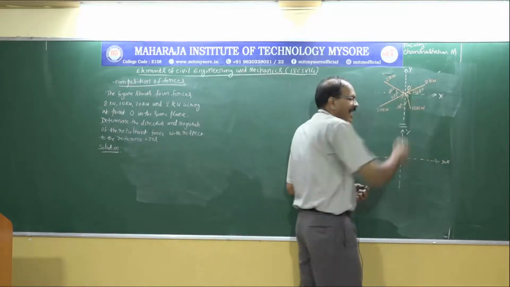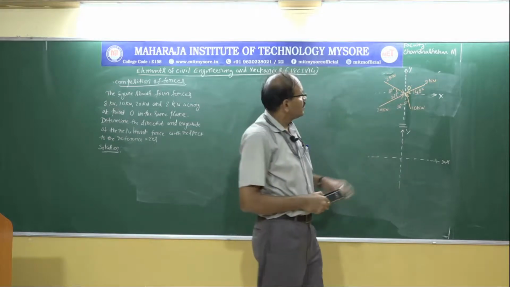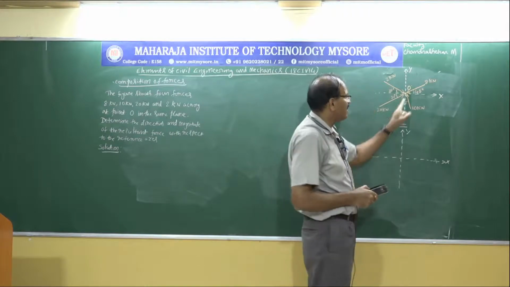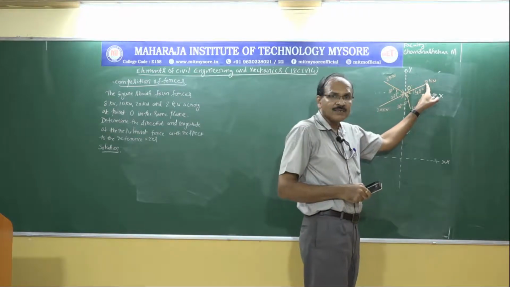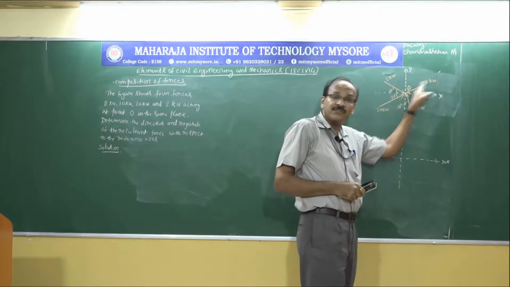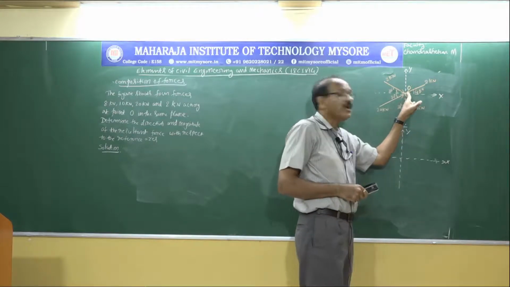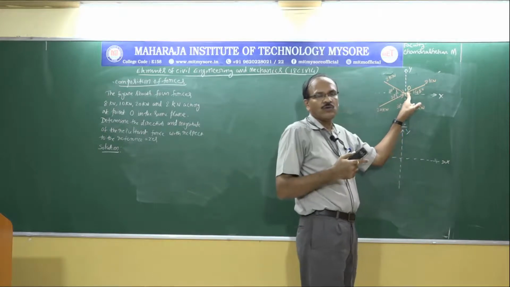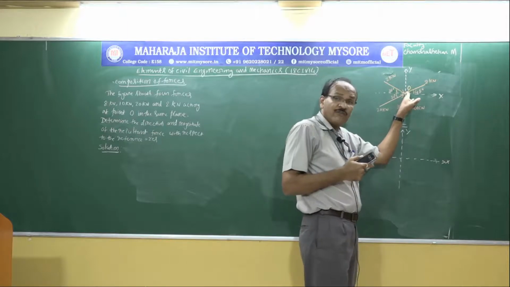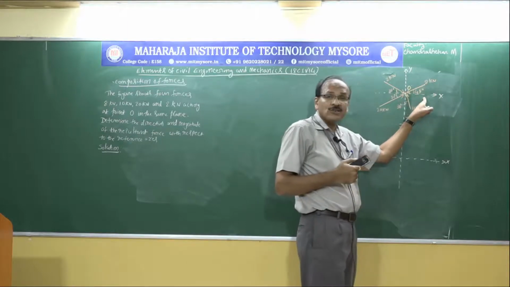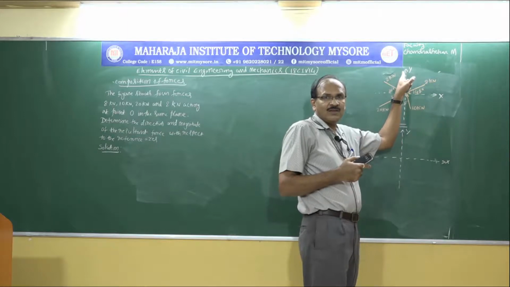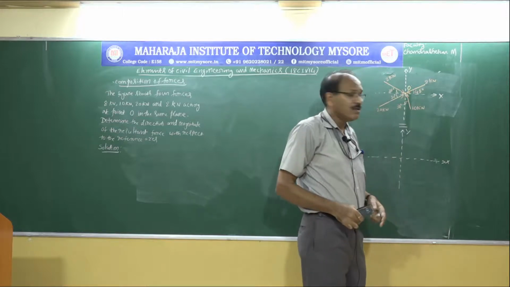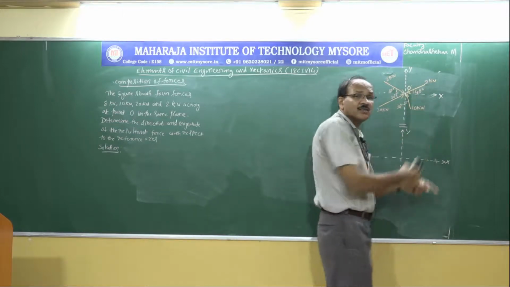Let me take this force, 8 kilonewton. If I resolve this force horizontally and vertically, in this case not the tail end but the head end of this force is touching the point O. That is, that force is acting at point O. With this end fixed, I move the tail horizontally and vertically. If I make this horizontal, then the arrow will be acting towards the left.